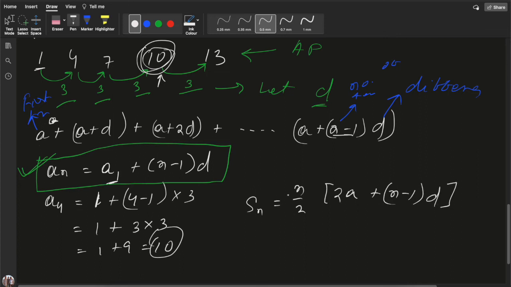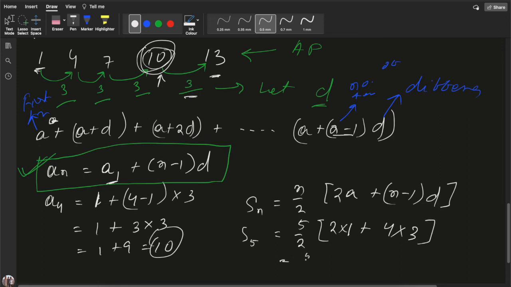Okay, say we want the fifth term. So S of 5 equals 5 by 2 into the first term a, which is 1, plus (n minus 1), which is 4, times the difference, which is 3.